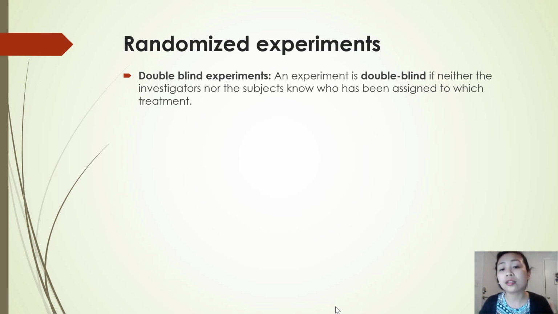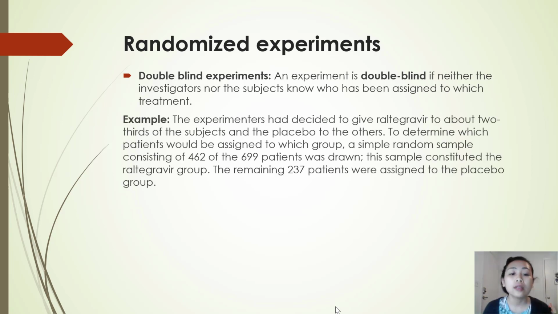That means both sides, the investigator and the subjects, don't know which treatment is given. For example, the experimenters decided to give rotogravir to about 2/3 of the subjects and the placebo to the others.